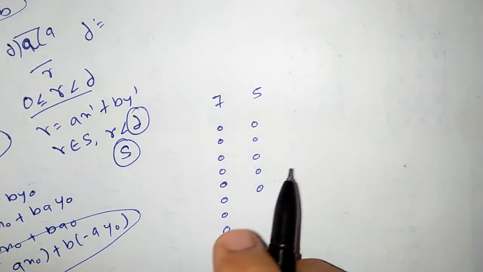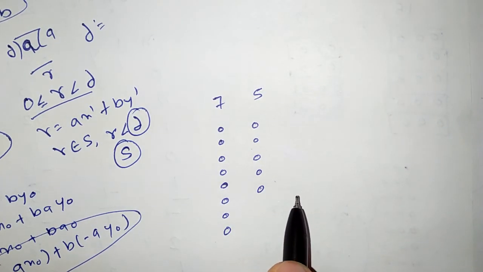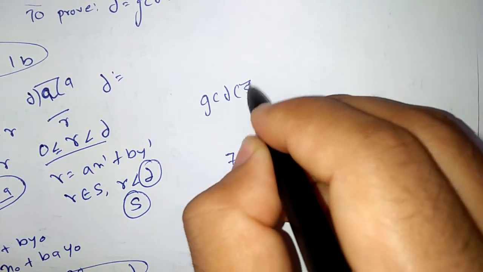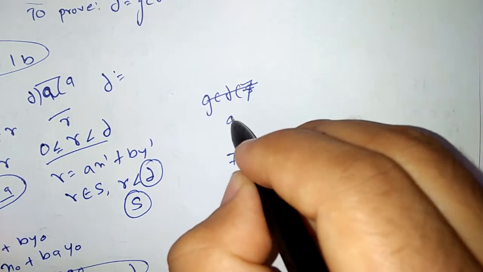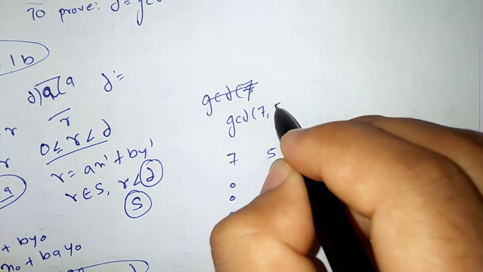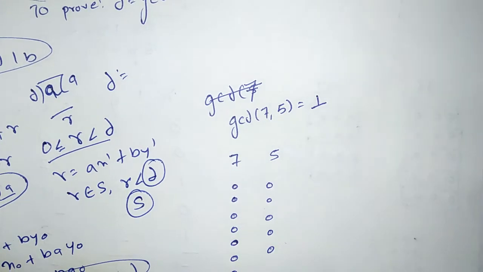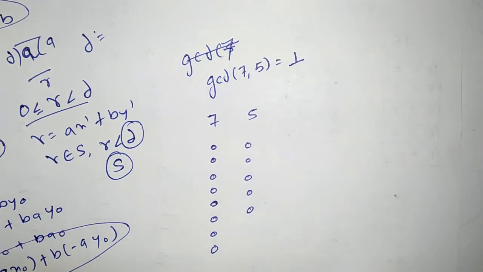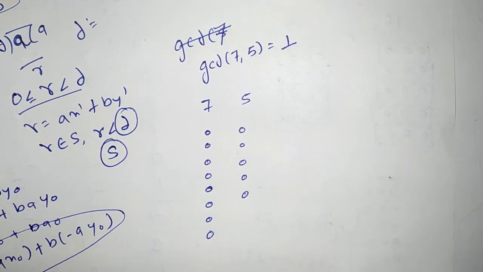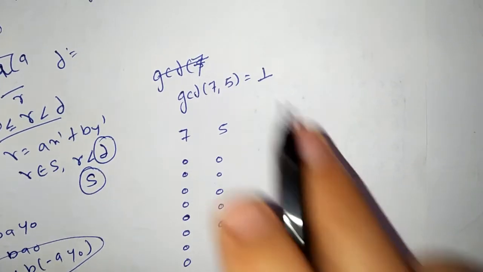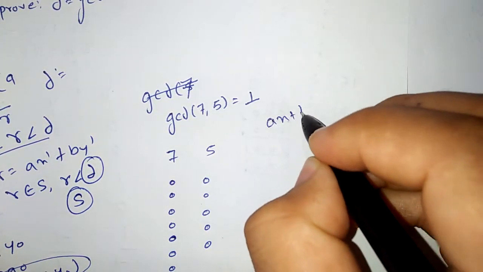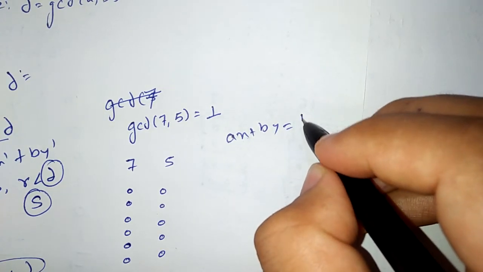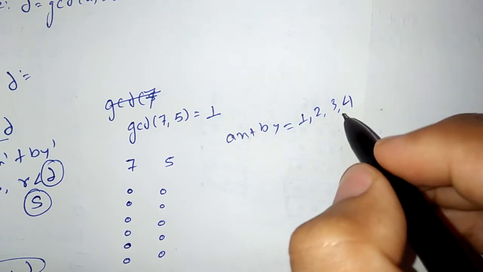So we are dividing 7 and 5 in chunks of 1, and the GCD of 5 and 7 is going to be 1. Two numbers that don't have a common divisor have a GCD of 1. The set of linear combinations of 7 and 5 is going to produce something like 1, 2, 3, 4.